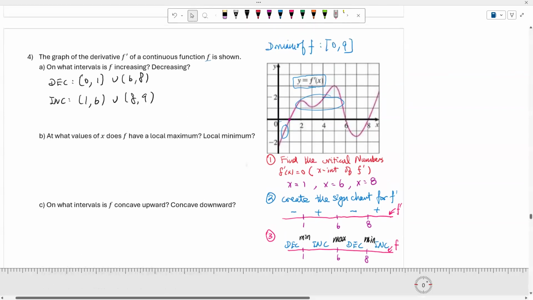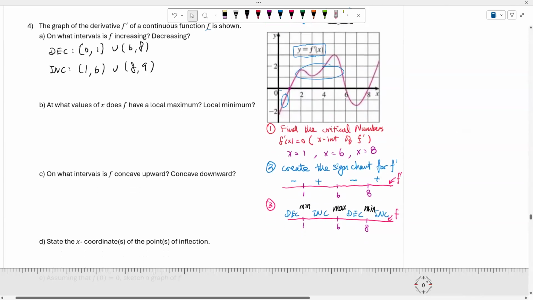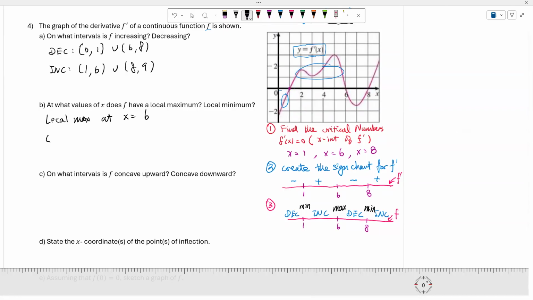So again, because I assume that the domain is between 0 and 9, then I will have the local max at x equal to 6, local min at x equal to 1 and 8 then. Okay.